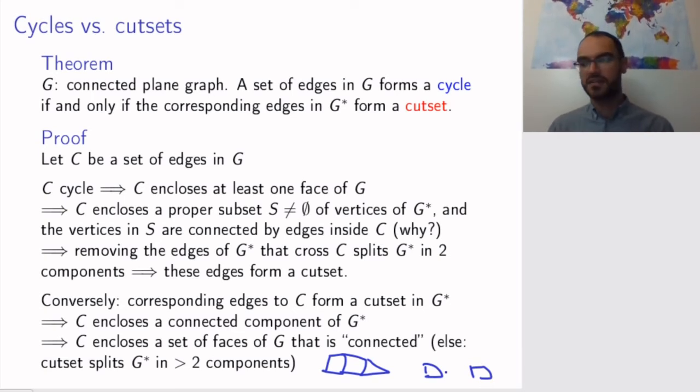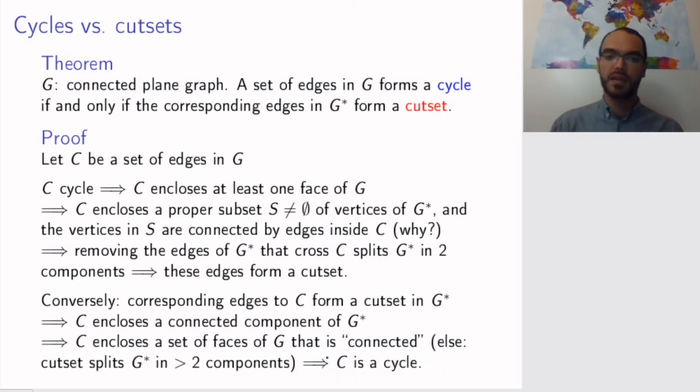And because of that, encircling these faces being connected to each other in this sense, meaning that you can find a chain of adjacencies between them, says that it is a cycle. So anything that encloses faces that touch upon each other successively is a cycle.